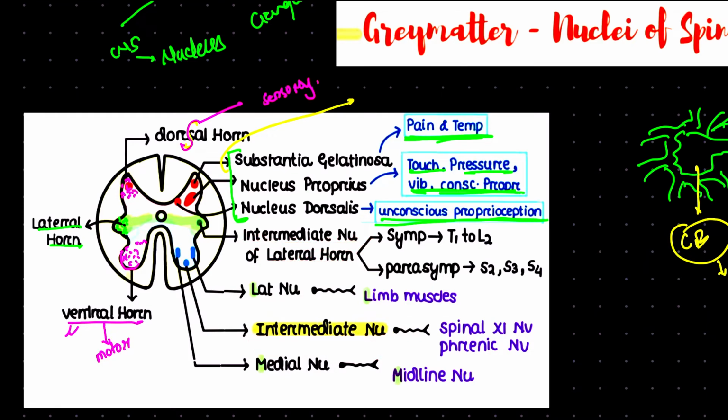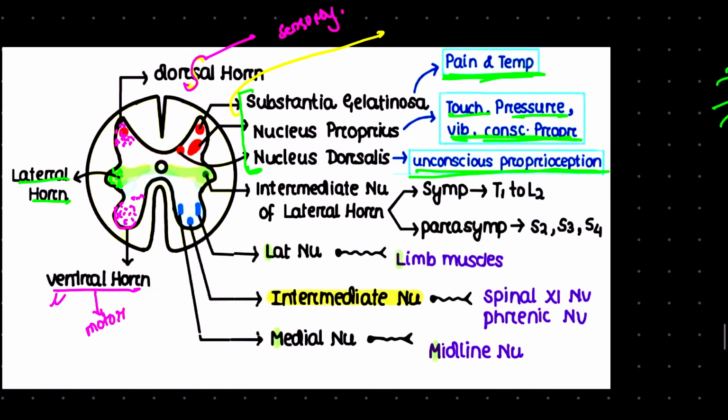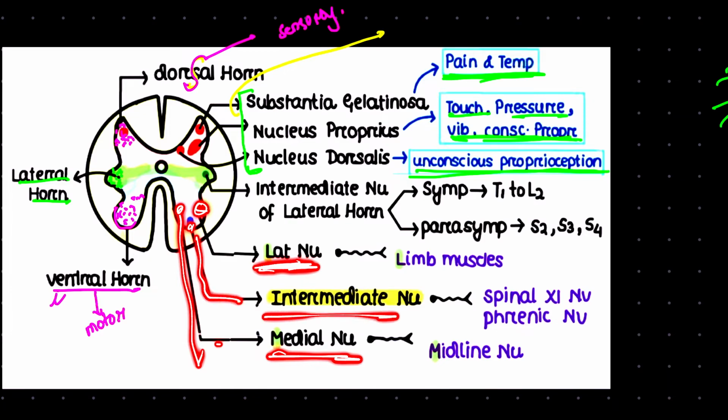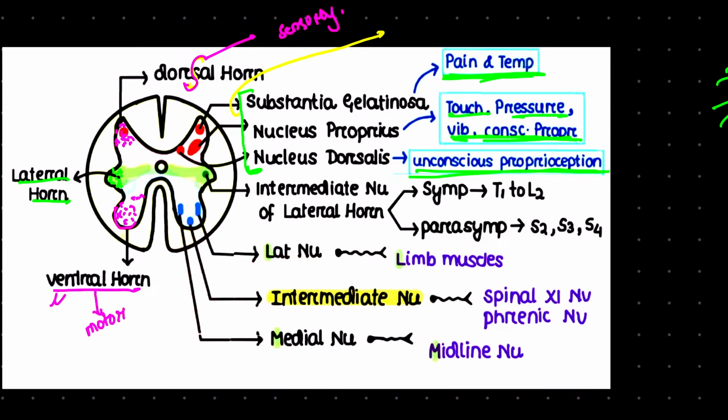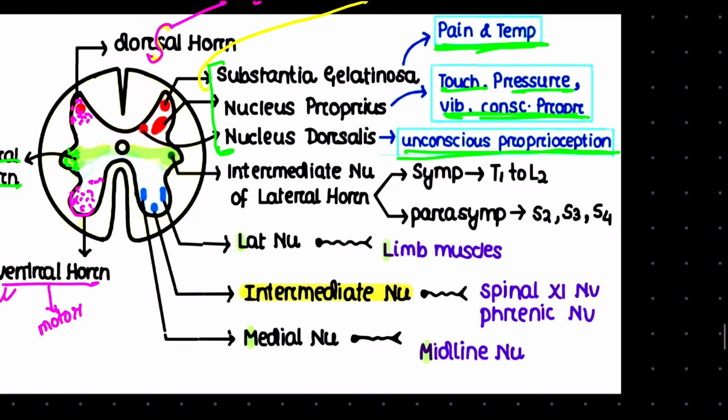So what are the three nuclei of the ventral horn? The medial nucleus, the lateralmost is our lateral nucleus, and the middle one is our intermediate nucleus.